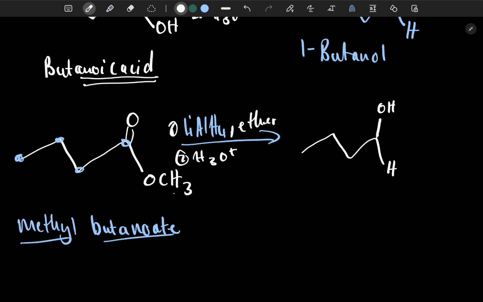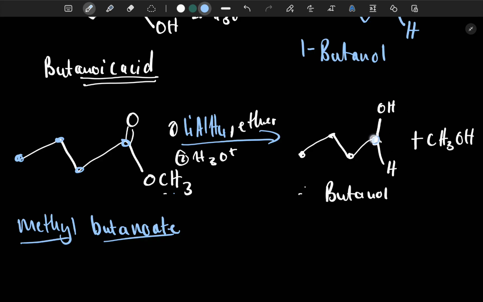That's what happens. And now this OCH3 is going to meet an H, another H, and become CH3OH, which is another alcohol. So at the end of the day, we are going to have this with 1, 2, 3, 4 carbons. So we'll call it butanol, and the OH is on the first carbon.